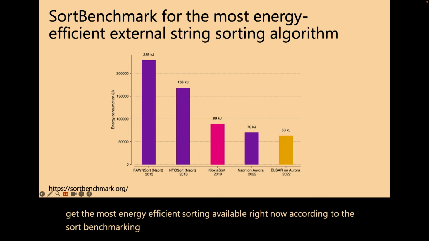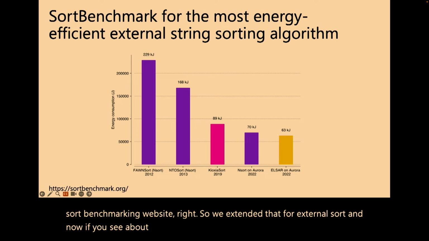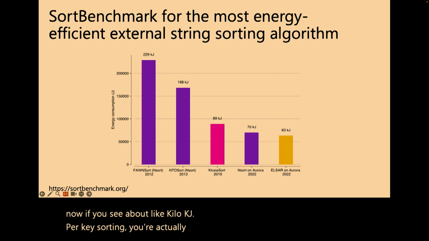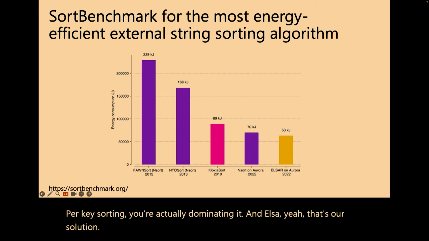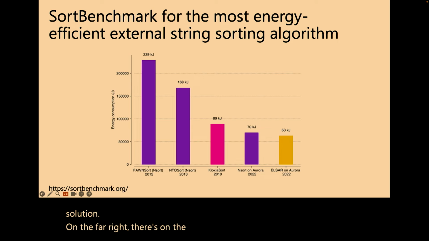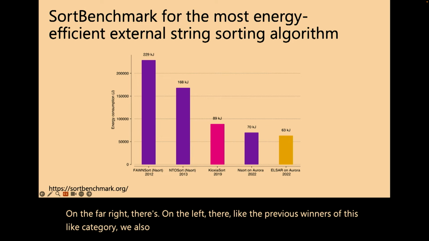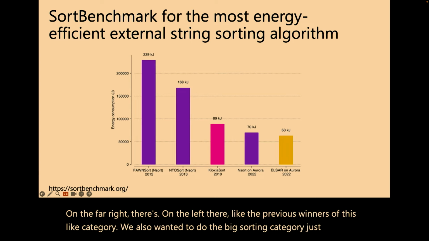So we extended that for external sort, and now if you look at kilojoules per key sorted, we're actually dominating it. ELSA here, that's our solution, on the far right, whereas on the left are the previous winners of this category. We also wanted to do the big sorting category, just the general sort, but unfortunately we couldn't.